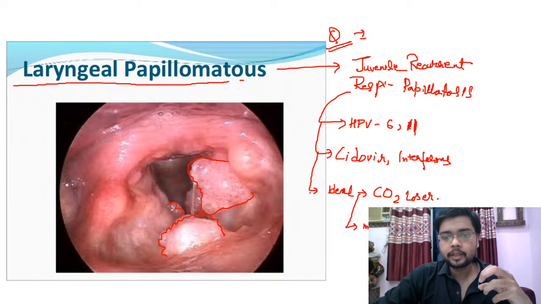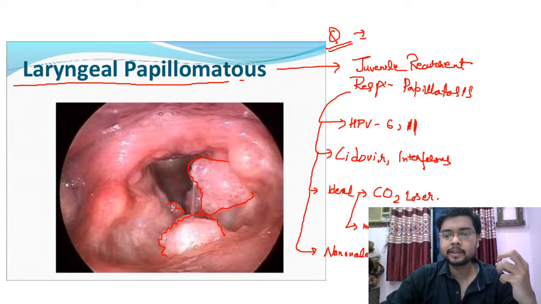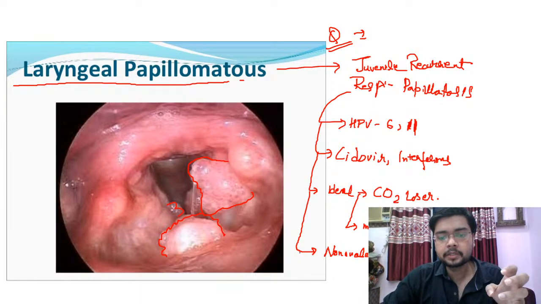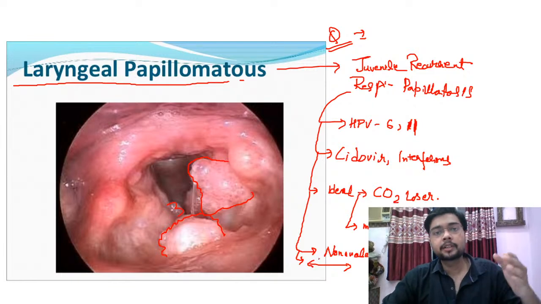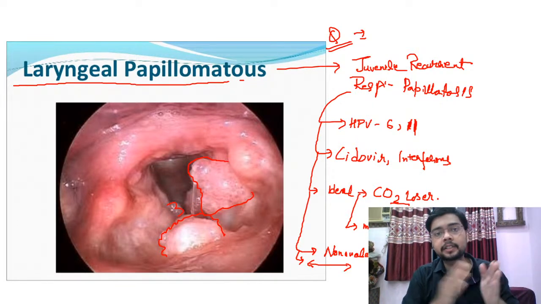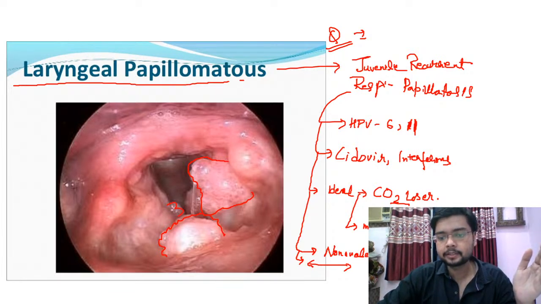And one more thing: there is a role of giving nonavalent HPV vaccines. Even if your child is presenting with recurrent respiratory papillomatosis, you can give him or her the HPV vaccine. What it will do is increase the interval after which your patient will present to you after CO2 laser or laryngeal microdebrider treatment. That means these HPV vaccines will increase the interval of recurrence, right?